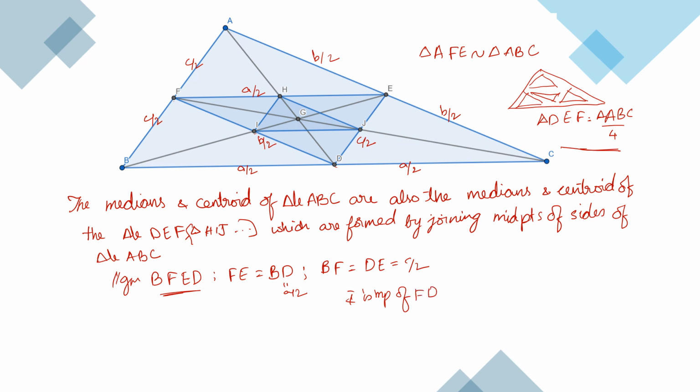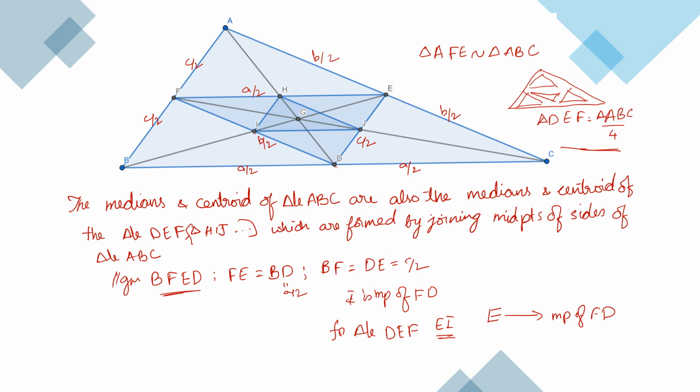For the triangle DEF, this line EI is joining the vertex E to the midpoint of FD. So the line segment EI is the median of the triangle DEF, right?